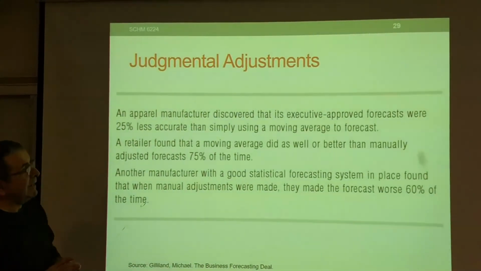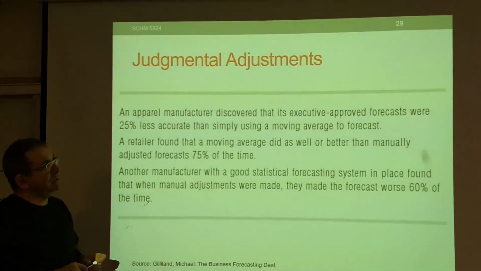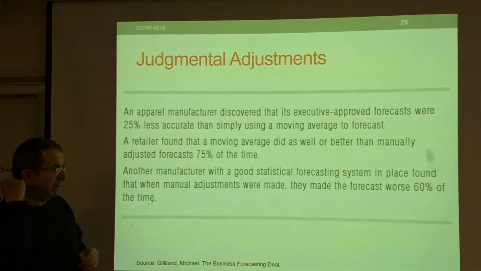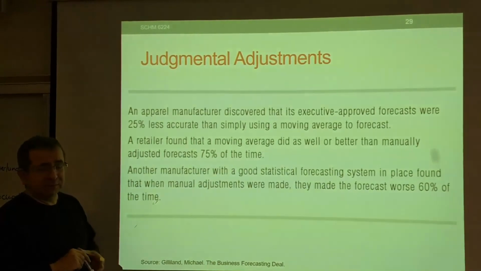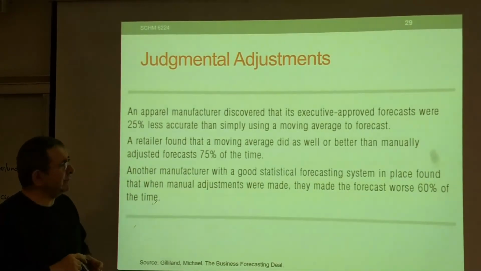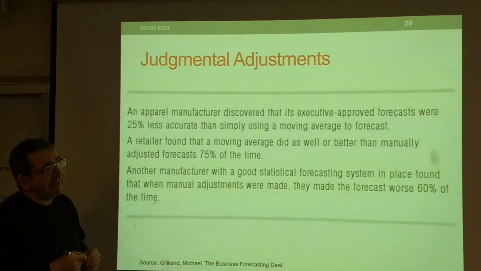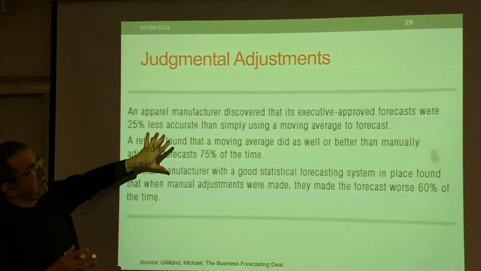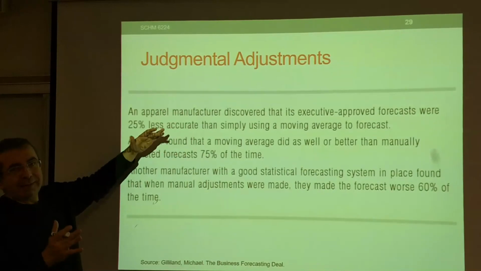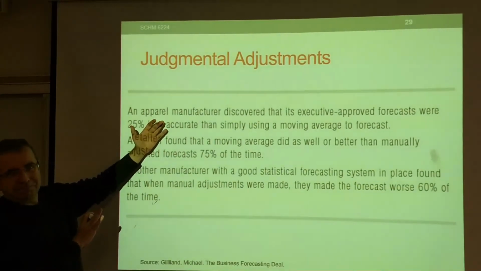So these look very bad for manual overrides or judgmental adjustments, but my counter argument is they're only giving you part of the picture.